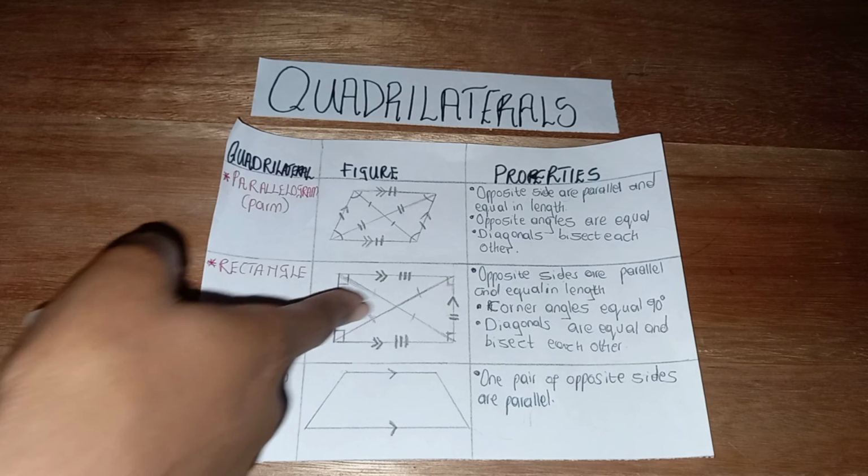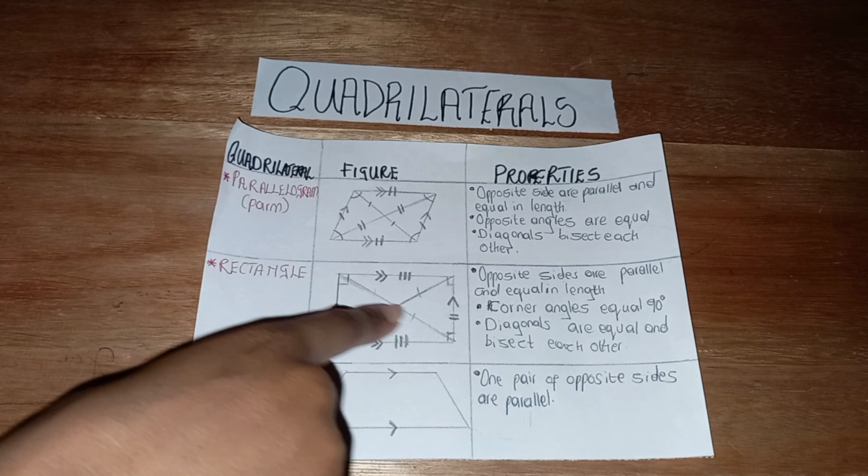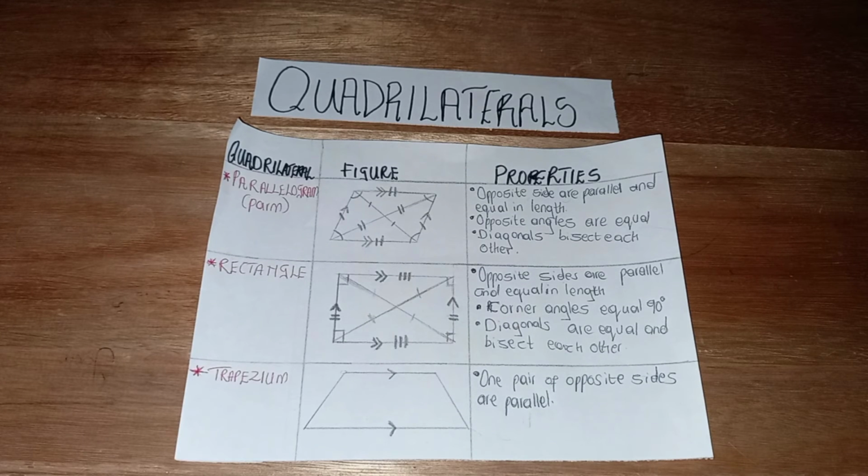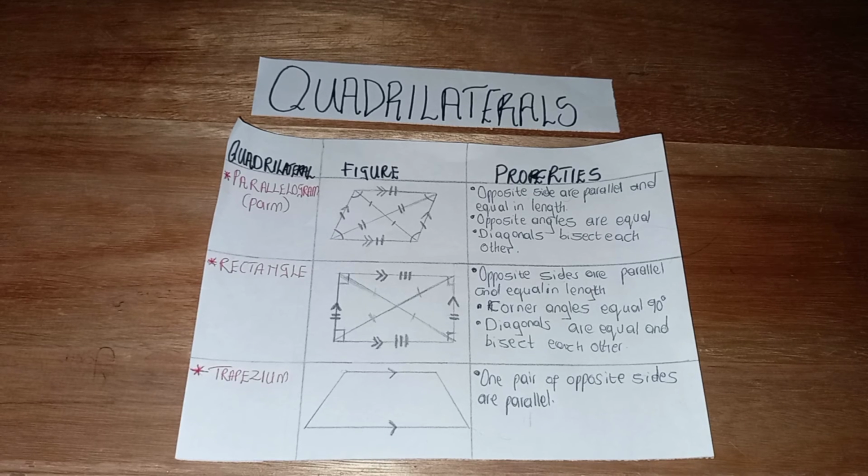So if this diagonal is 10 centimeters, the other diagonal will be 10 centimeters, and if it is cut into half, the halves will be 5, 5, 5, 5. I really hope that you understand that. The difference between the diagonals of the parallelogram and the rectangle is that in the rectangle they are equal, and in the parallelogram they are not equal.